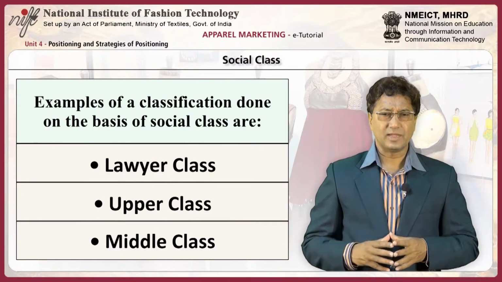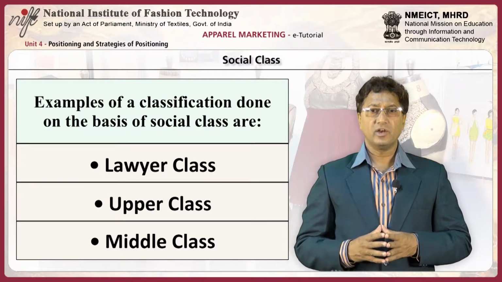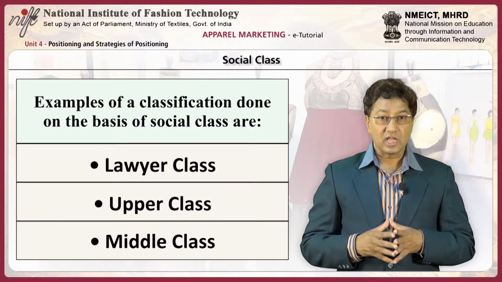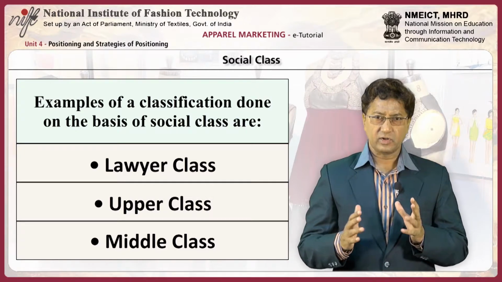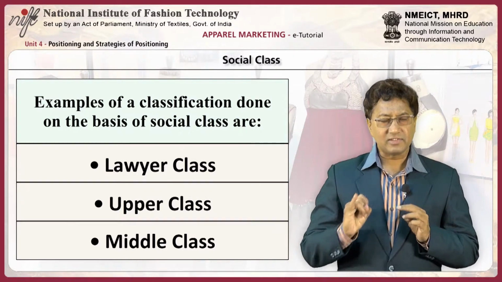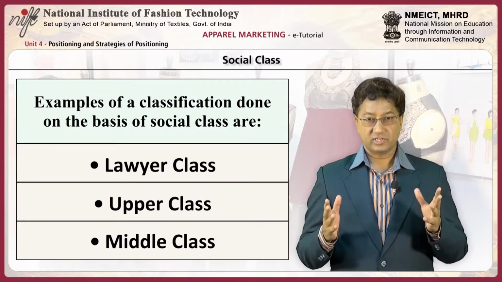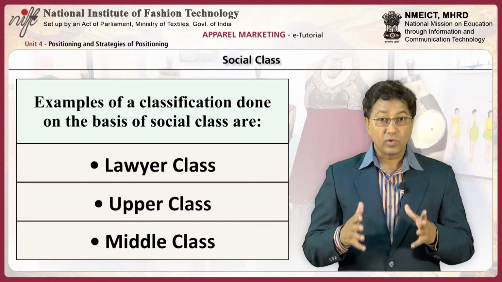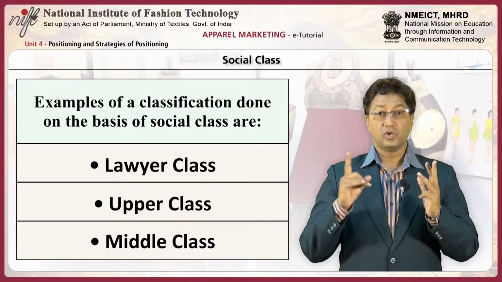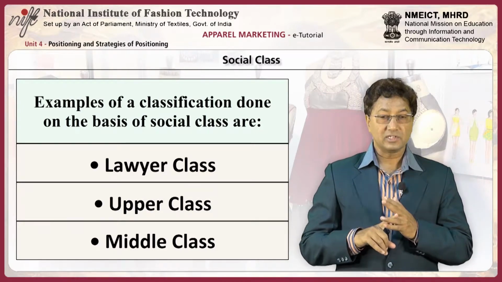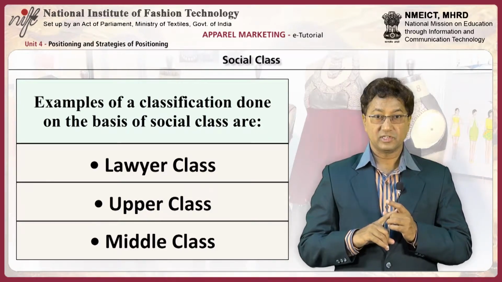Now let's come to the examples of classification done on the basis of social class. Normally in the olden days, the society is divided into two classes. One is haves and another is have-nots. As the economy progressed, they need to be further classified. So it has come to lower class, middle class and upper class.